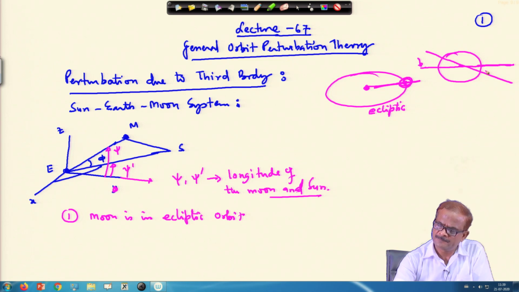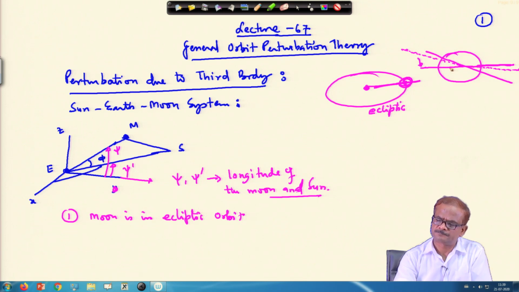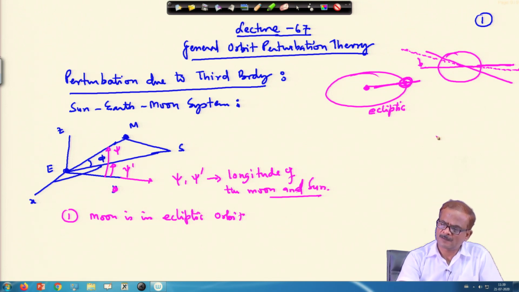So, moon's orbit will be somewhere at 5 degrees like this. With the plane of ecliptic, moon's inclination is not much.